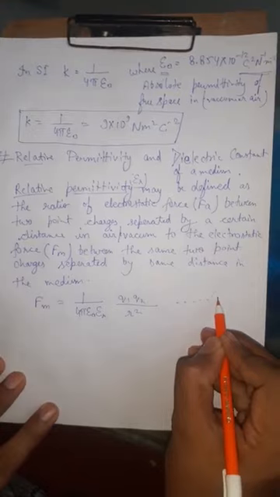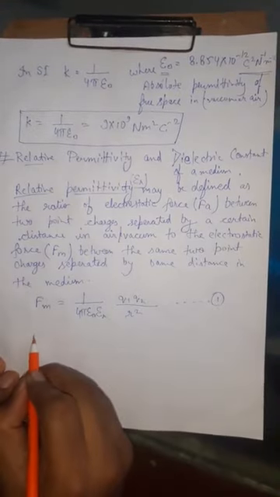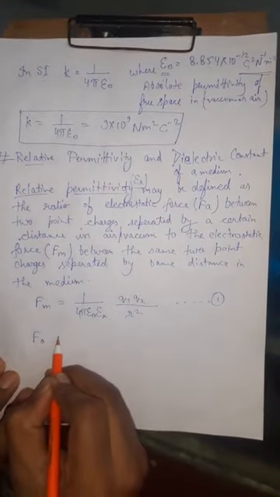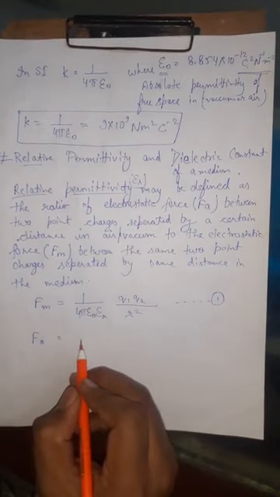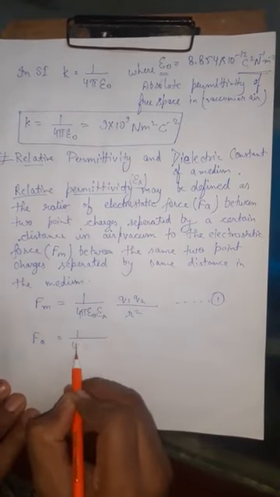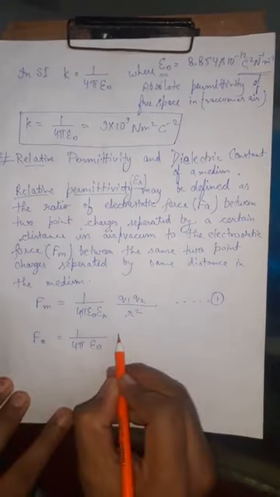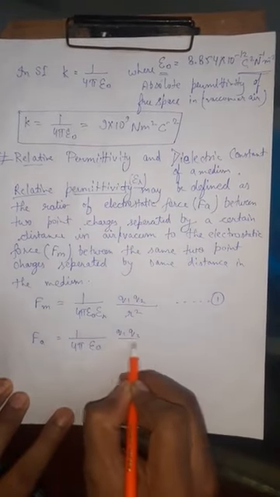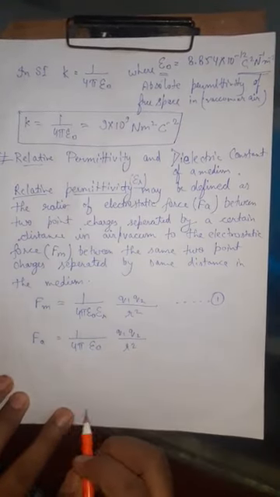Let's call it equation 1. The force in air or vacuum will be given by 1 over 4 pi epsilon naught, q1 q2 over r square.